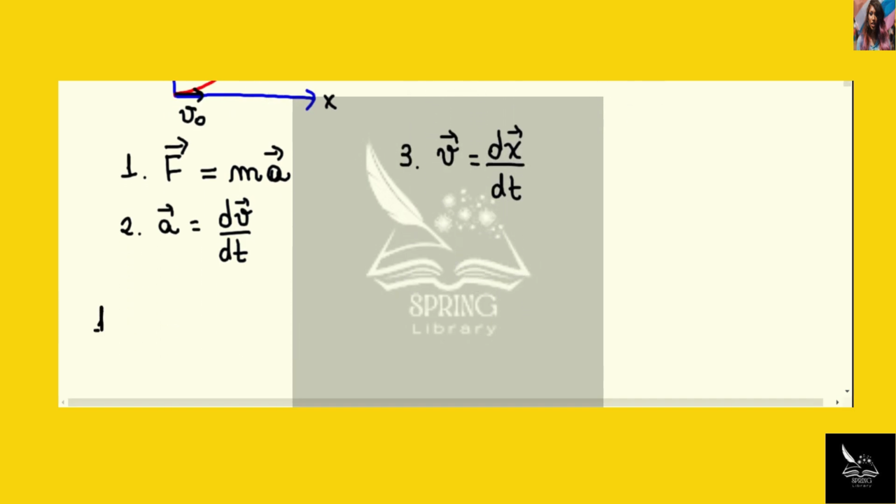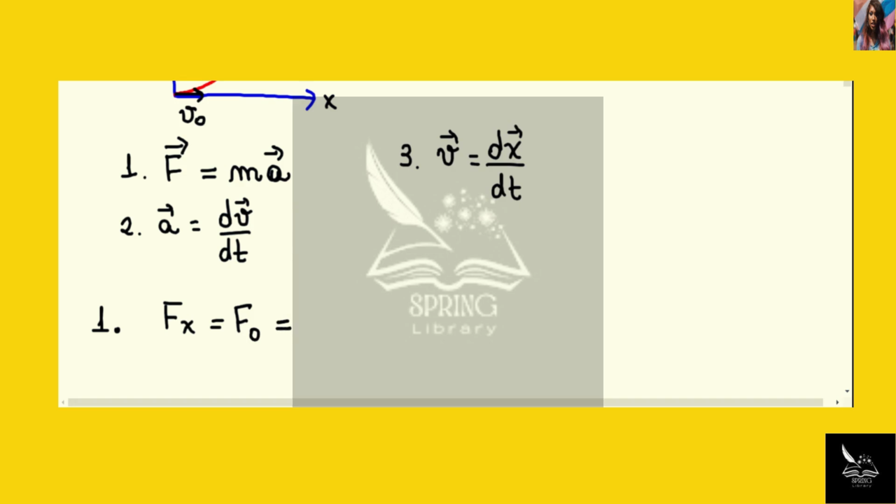The first thing I'm going to do is find the speed of the electron at any time. In order to do that, I need to find the x and y components of the velocity. So let me separate the force into two components. Fx is equal to F0.